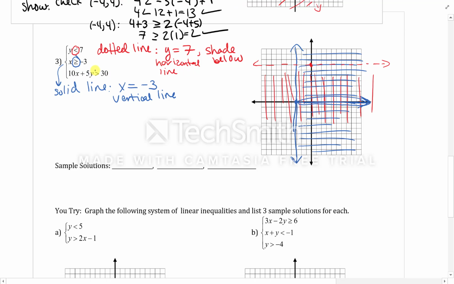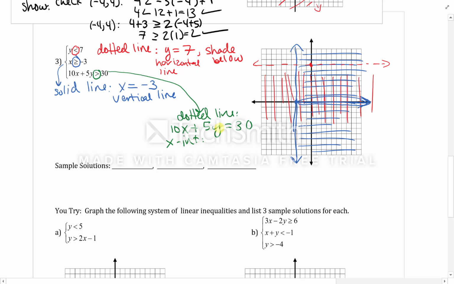Okay, then my last inequality is in standard form and it has a greater than sign. So that means I'm going to graph a dotted line that has the equation 10x plus 5y equals 30. And this equation is set up nicely again to use x and y intercepts.